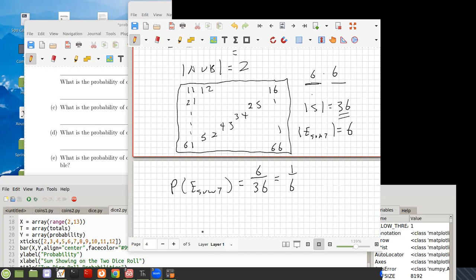The probability of the event 1, 1, that it sums to a 2, right, is just going to be 1/36, meaning that there's only 1 out of 36 possible ways. The 1/6 is telling you that there's 6 ways out of the 36, and they're equally likely.